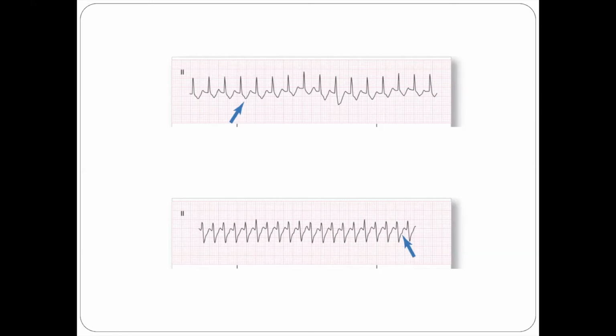Anytime you have a wide complex tachycardia going faster than about 200, you have to be concerned with whether or not it is antidromic AVRT. And the reason why it's important to think about it being antidromic AVRT and not ventricular tachycardia is because some of the medications that we might give for tachycardias are not appropriate to give to somebody that has an accessory bypass tract.